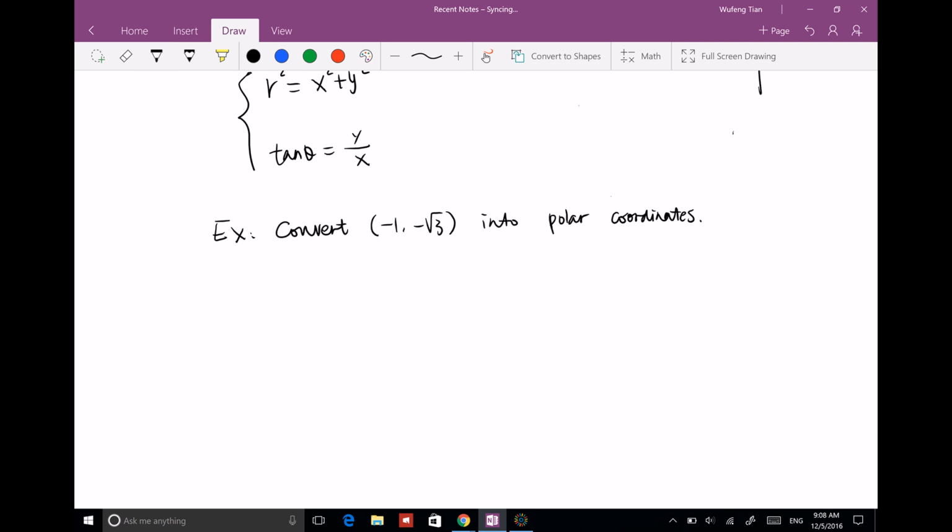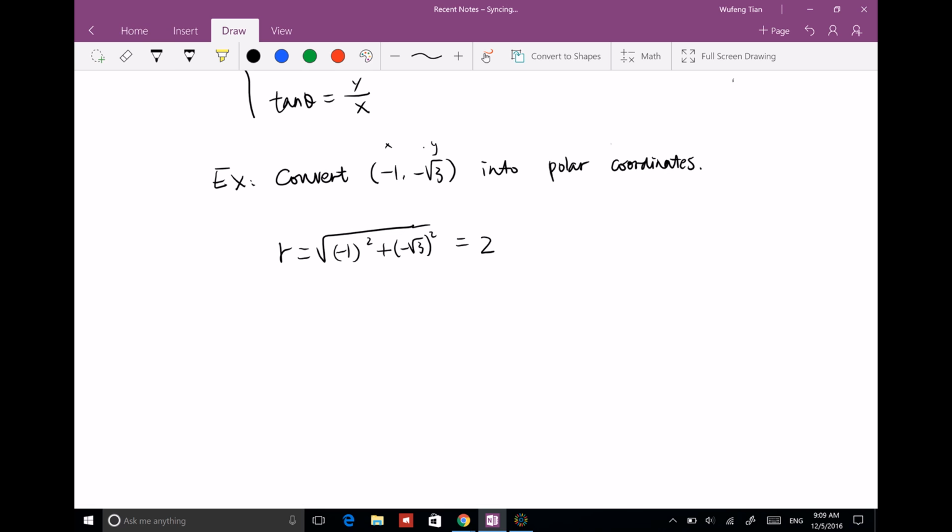We have this is x, this is y. So based on the formula, r squared equals x squared plus y squared. So r equals the square root of (-1) squared plus (negative square root of 3) squared. So r equals 2.